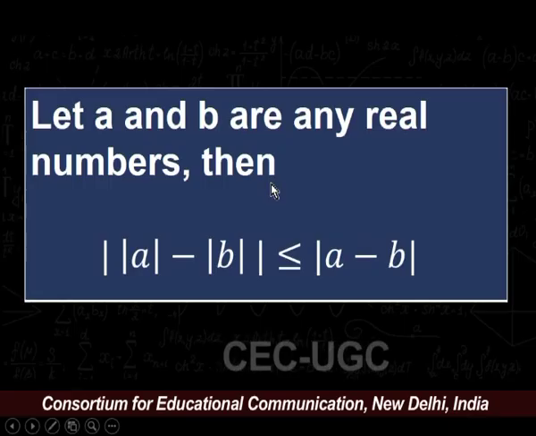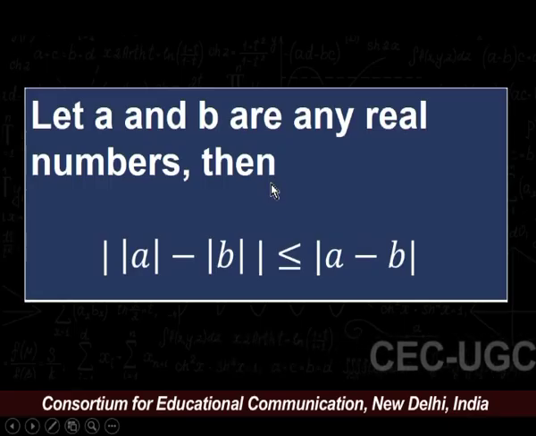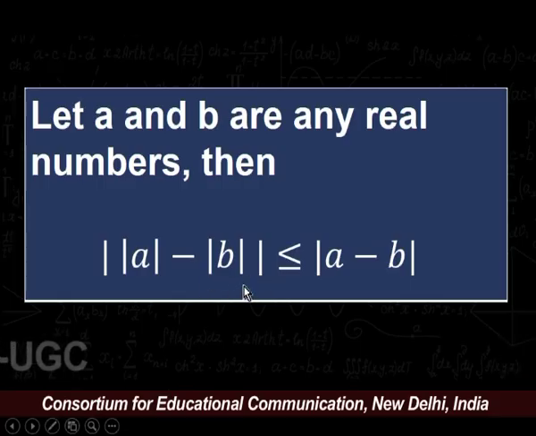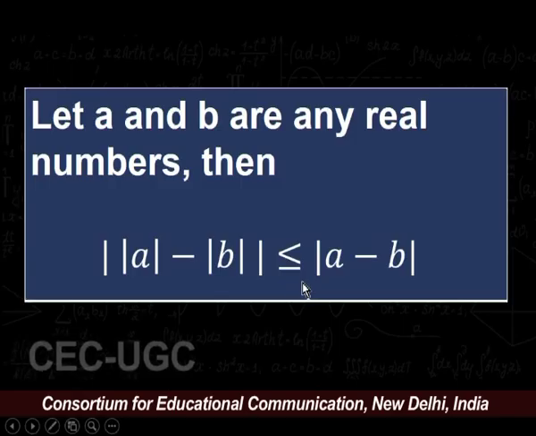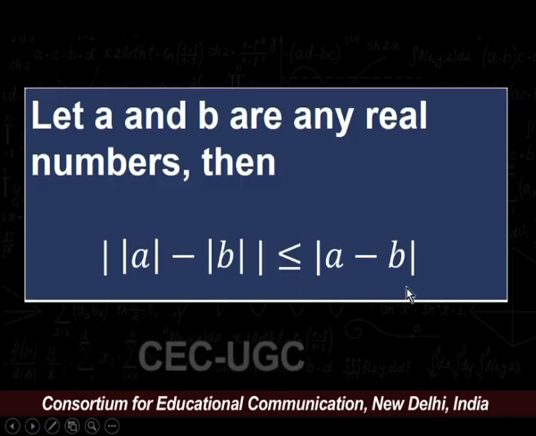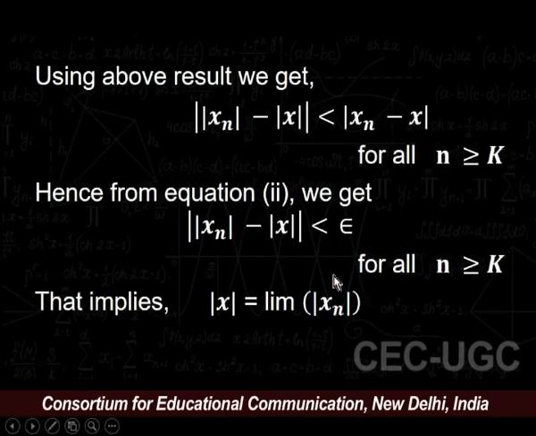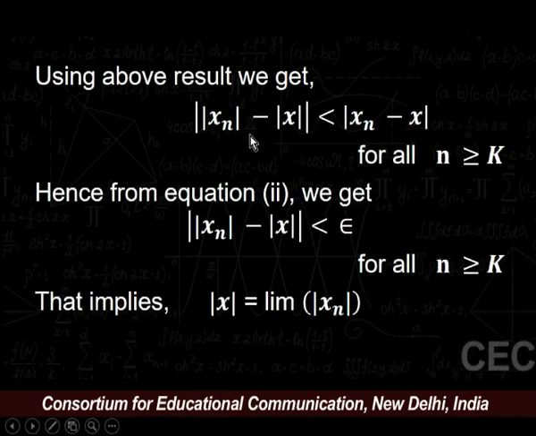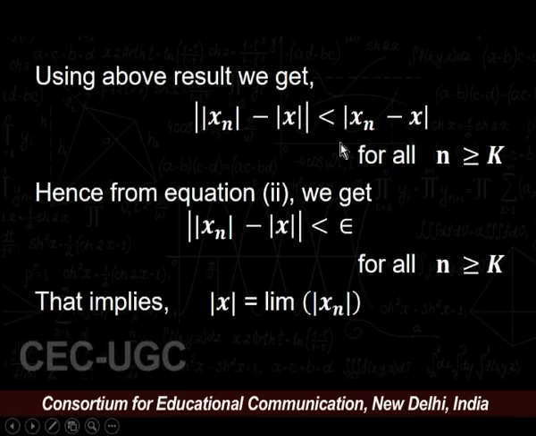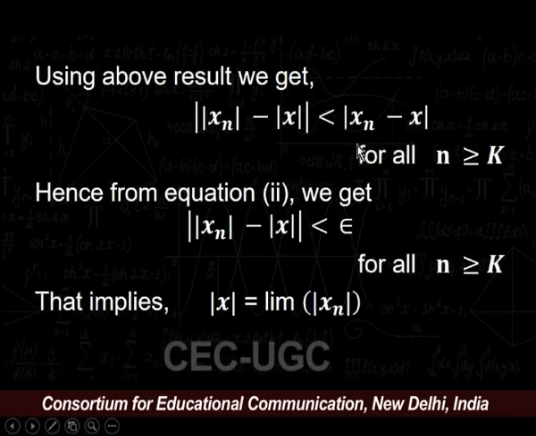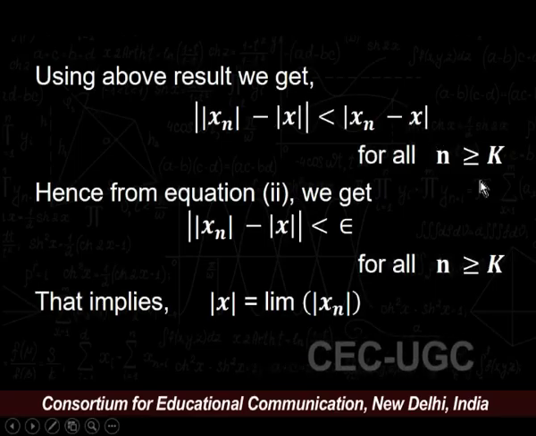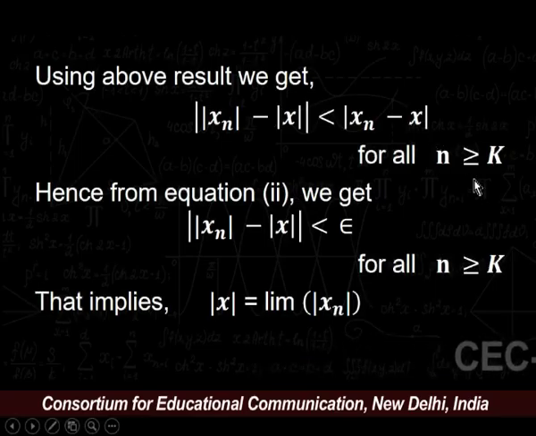Let a and b be any real numbers, then we have modulus of mod a minus mod b is less than or equal to modulus of a minus b. Now, applying this result, we can say that modulus of mod xn minus mod x is less than or equal to modulus of xn minus x for all n greater than or equal to k.